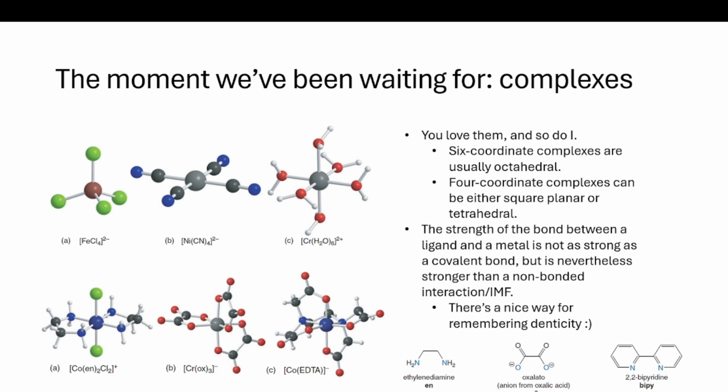And corresponding the coordination number to geometry, 6 coordinate complexes usually have an octahedral geometry. Meanwhile, 4 coordinate complexes can either have square planar or a tetrahedral geometry.